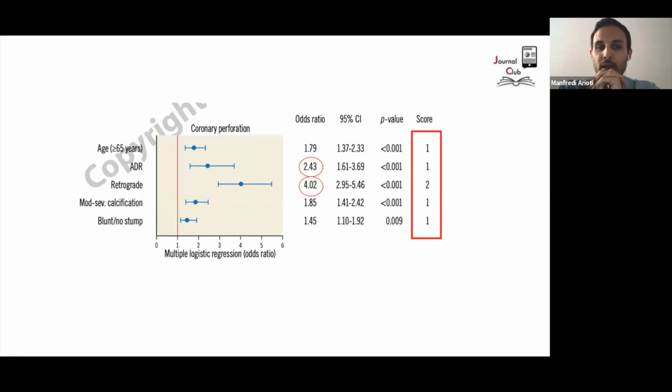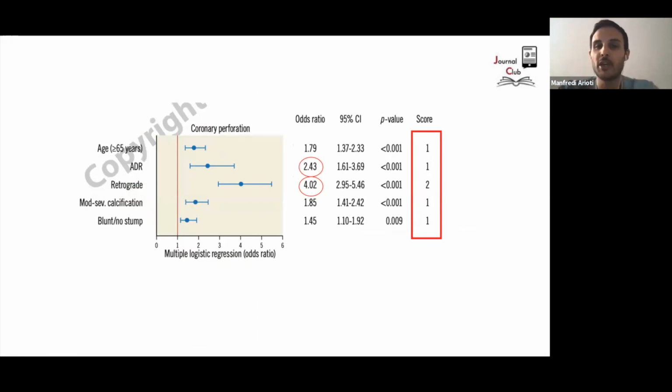These are 5 factors: age, which was dichotomized as over or under 65 years old, the use of antegrade dissection and reentry, the use of the retrograde technique, moderate or severe calcification, and a CTO with a blunt or no stump at the proximal cap.